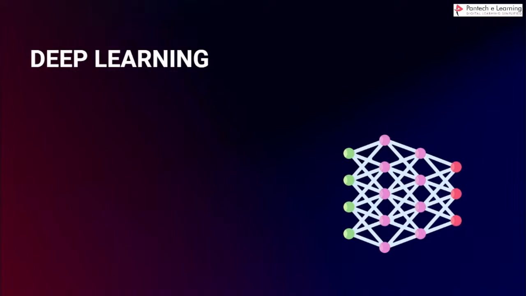So what are neural networks? These neural networks are a combination of neurons. Deep learning and neural networks are created to mimic human brain activity. In our brain we have neurons, and they combine to form a neural network. Similarly, here we have something known as neurons.